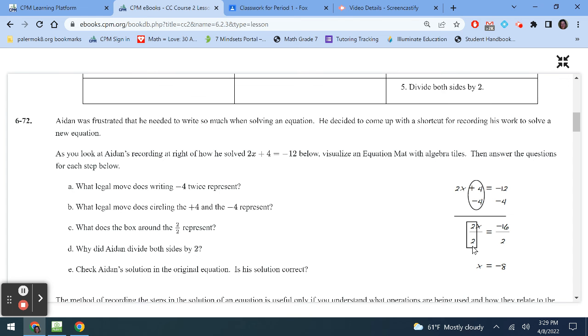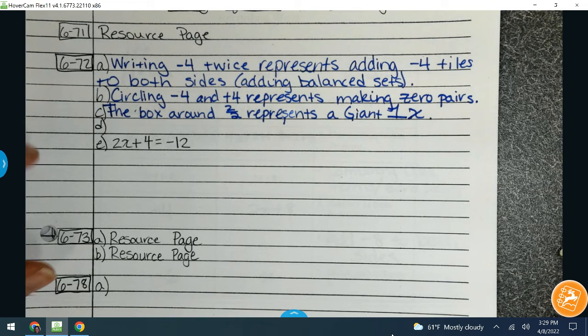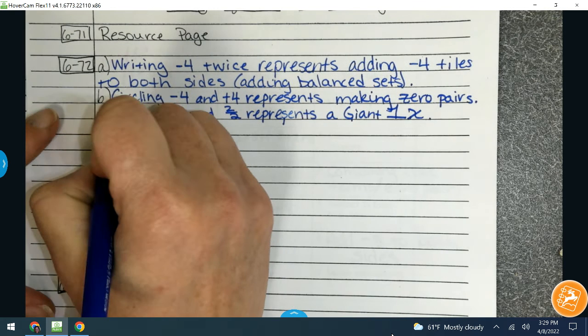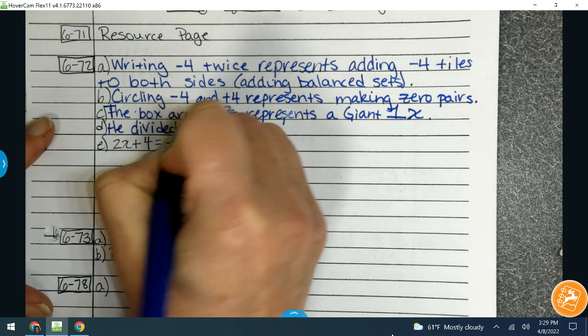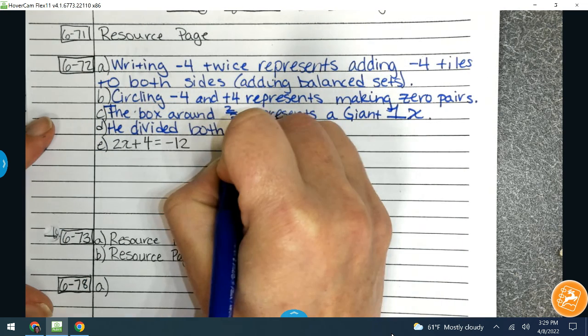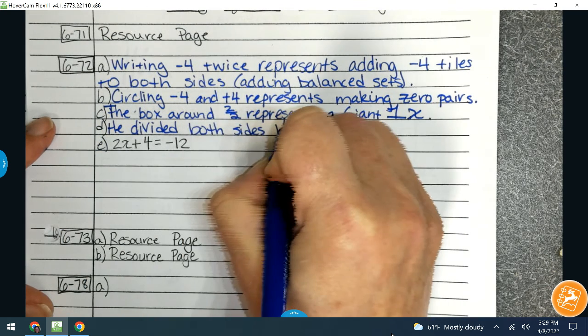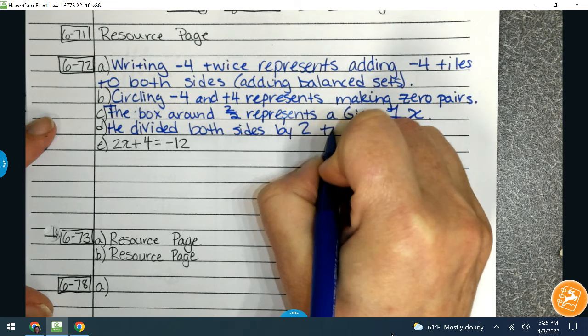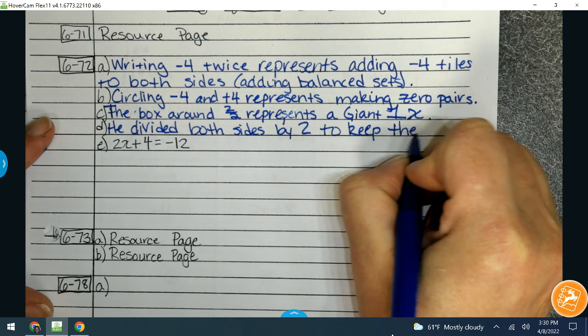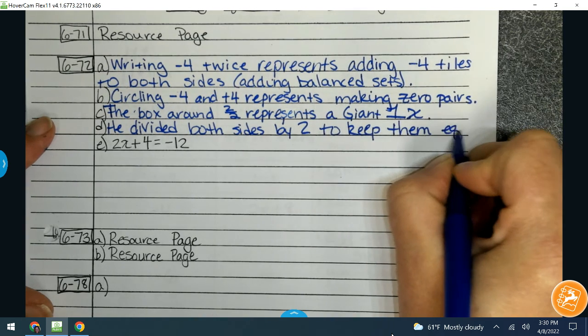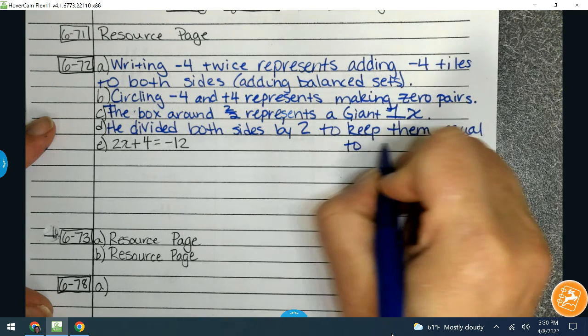If we're dividing by 2 right here to make it 1x, we need to divide by 2 on the other side so that they both still remain equal to one another. So he divided both sides by 2 to keep them equal to one another.